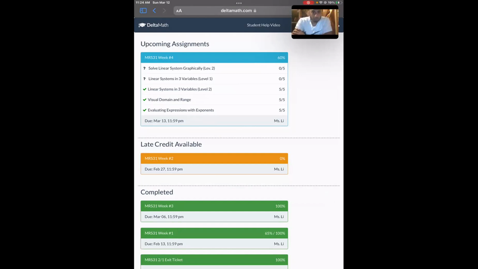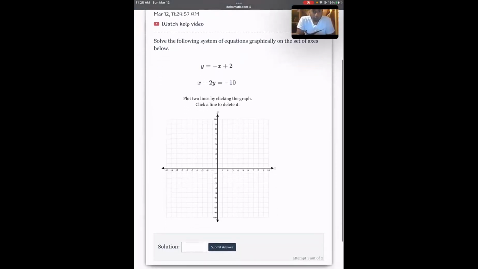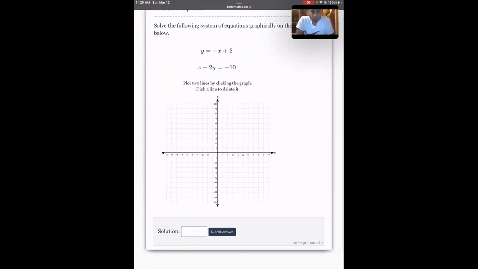All right, which one do you want to do next? Let's do the top one, the one that says y equals -x plus 2. Where's the first dot on that one? Would that be on 2? Okay, where though? Show me exactly where.